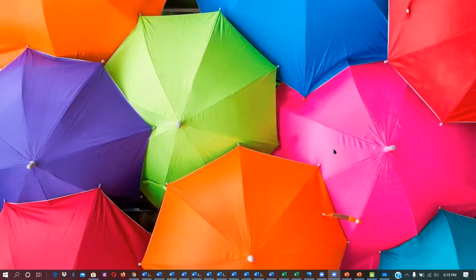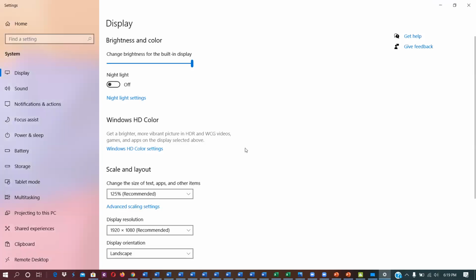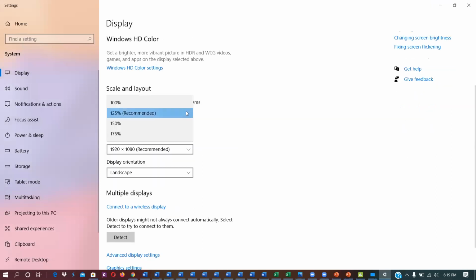Display setting. Display where I can see.